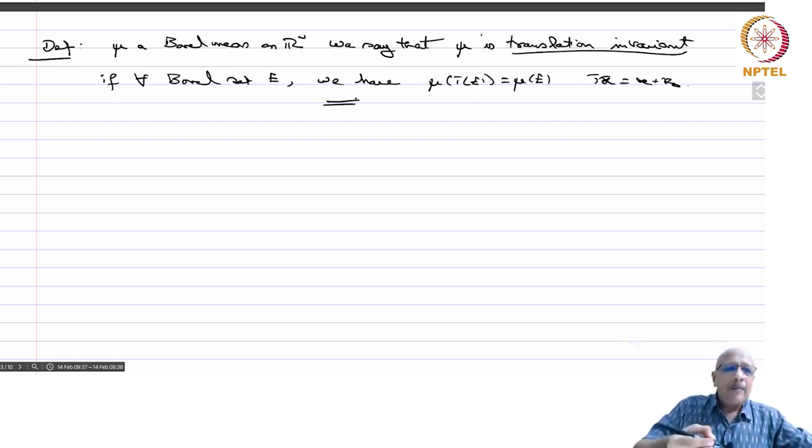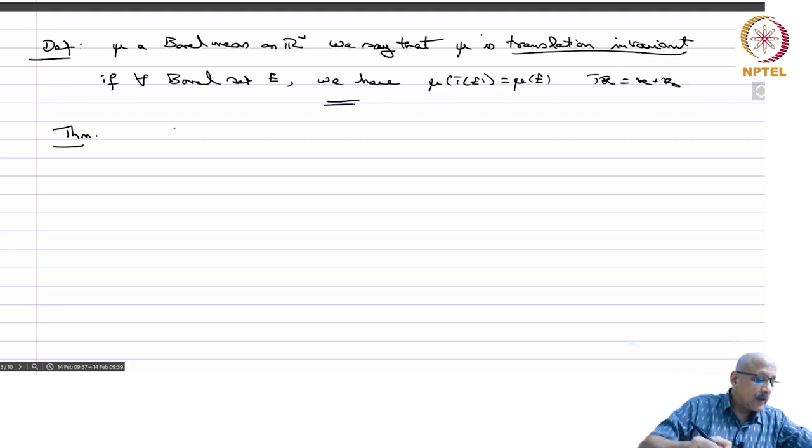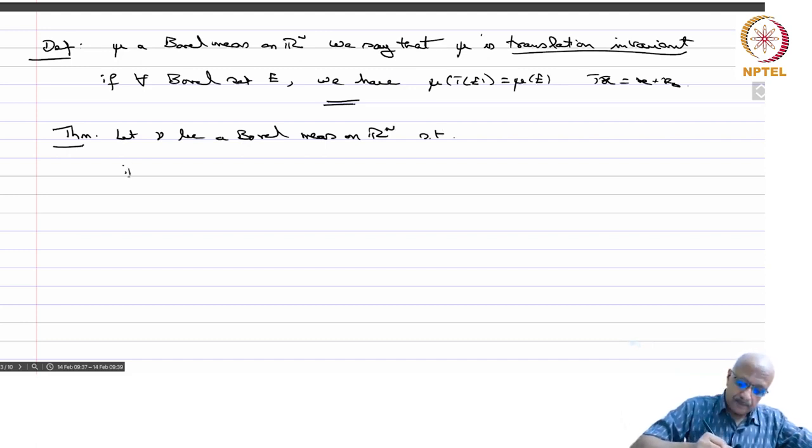If you take a measure and multiply it by a positive constant, you get a new measure, but essentially the measurable sets are the same. So we have the following important theorem. Let nu be a Borel measure on Rn such that, one, nu of K is finite for every compact K contained in Rn.